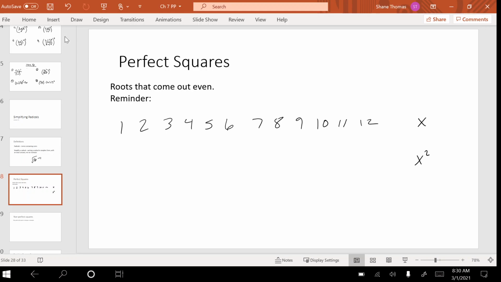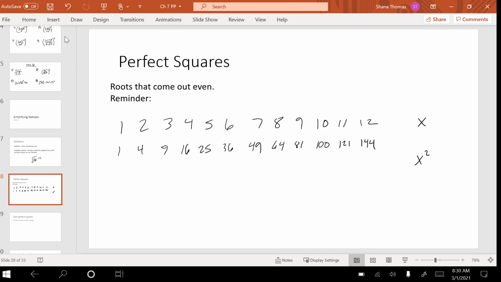What's 1 squared? 1. 2 squared. 4. 3 squared. 9. 4 squared. 16. 5, 25. 6, 36. 7, 49. 8, 64. 9, 81. 10, 100. 11, 121. 12, 144. Okay. So, the ones up top are just my base counting numbers.